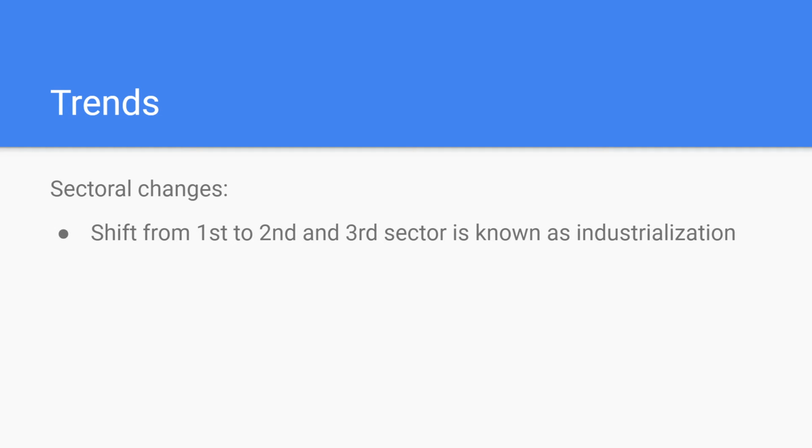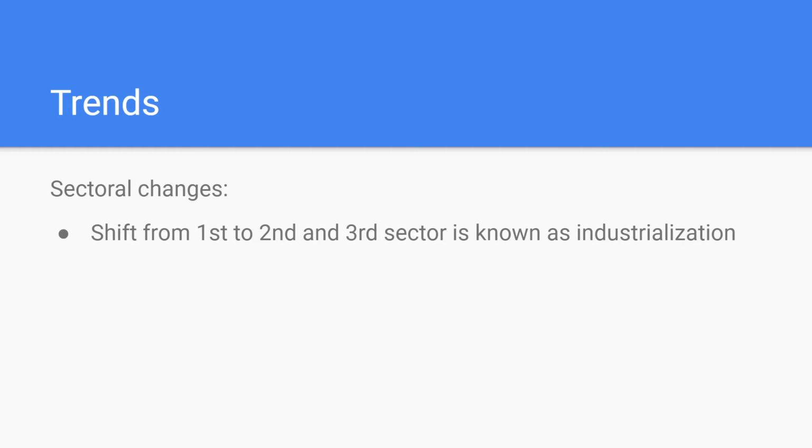Also, very important to know always are trends, because the IB questions like to touch upon trends that go on in the real world. For example, in these sectors that I mentioned above, there are also changes that you should know about. For example, the shift from the primary sector to the second and third sector is often referred to as industrialization, and you should know it, as sometimes this comes up in an IB question.